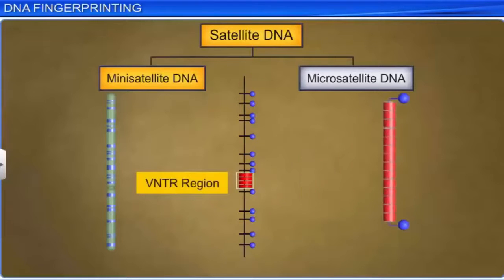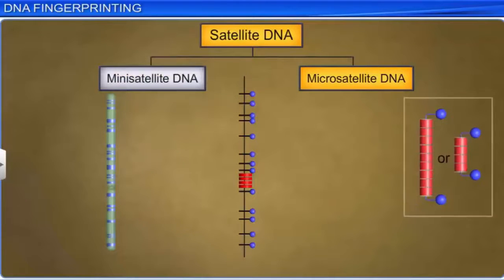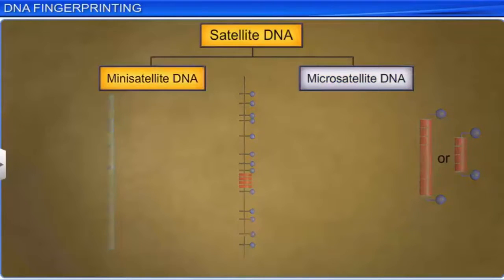It has sequences of 15 to 100 base pairs repeated hundreds or thousands of times. On the other hand, microsatellite is a section of DNA which has tandem repeats of shorter sequences of 2 to 10 base pairs. Both mini-satellite and microsatellite DNA act as molecular markers in the DNA fingerprinting technique.